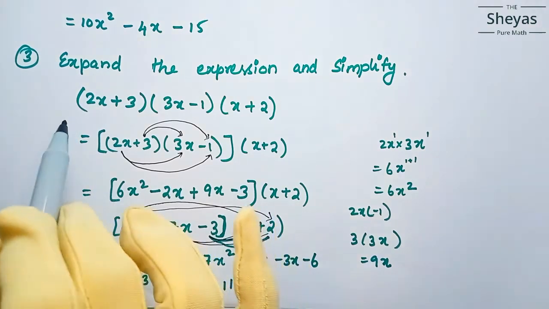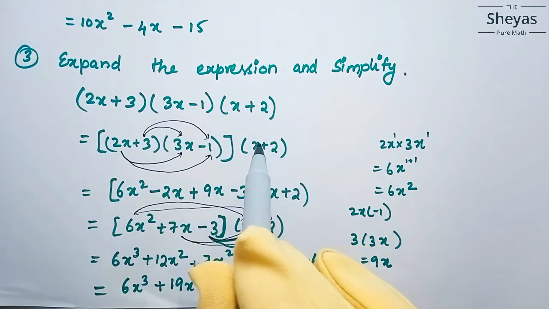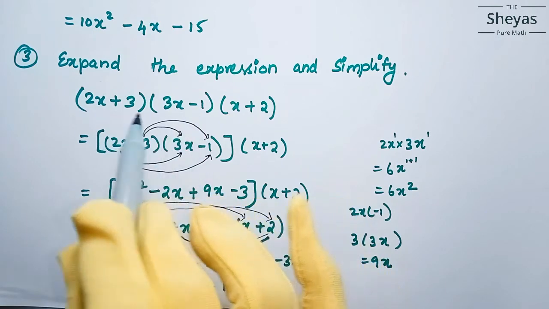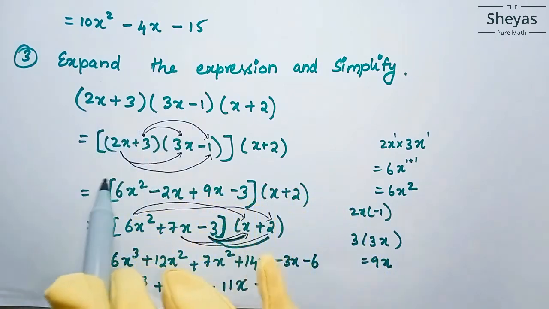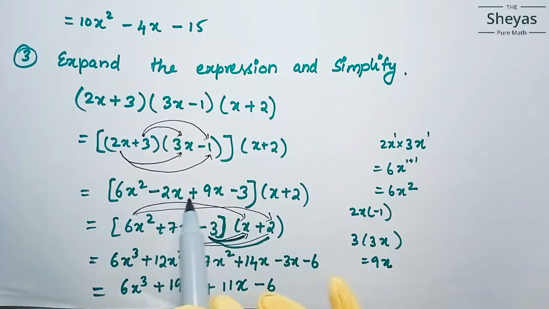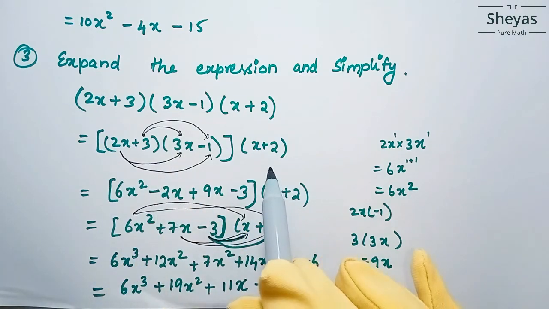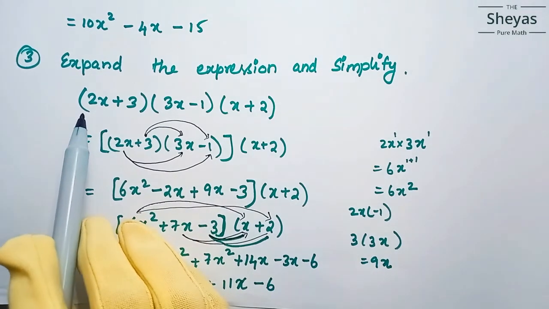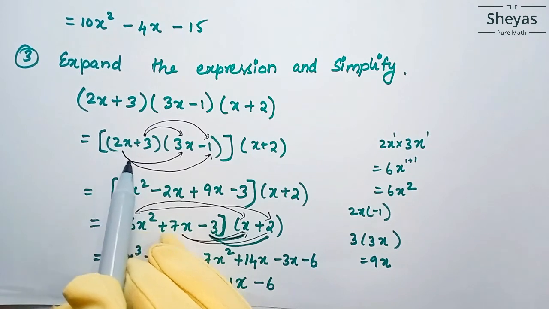So if the problem given is with 3 brackets or 4 brackets, what you have to do is, first you have to collect the 2 bracket terms and use a bracket. Calculate them first, and with that answer you have to multiply the remaining expression. Okay. So when you're multiplying, do step by step.